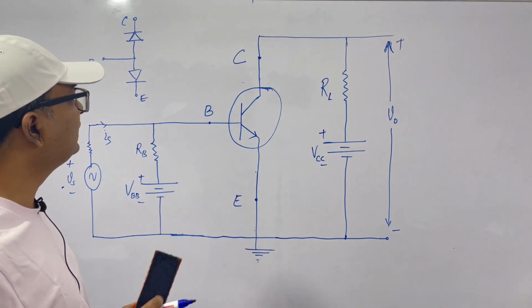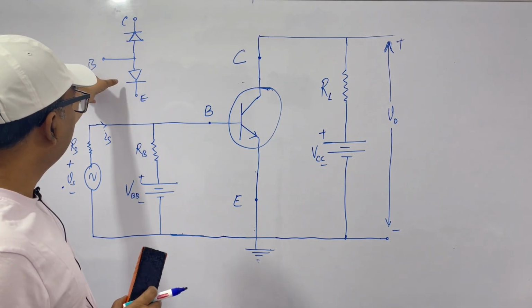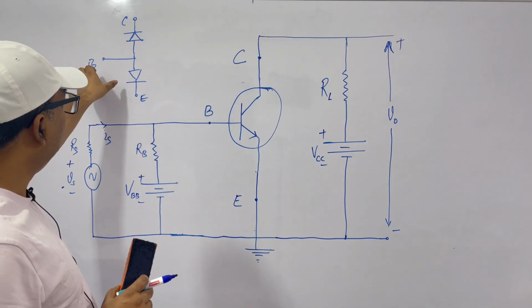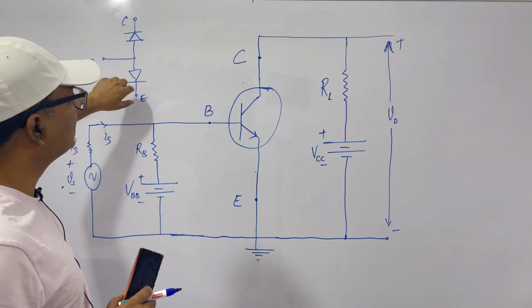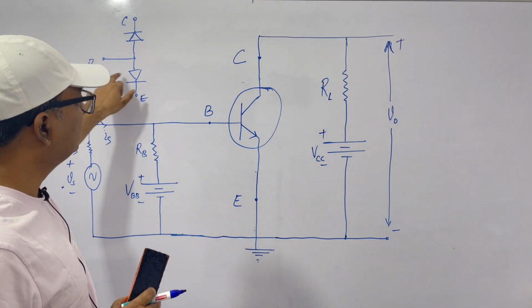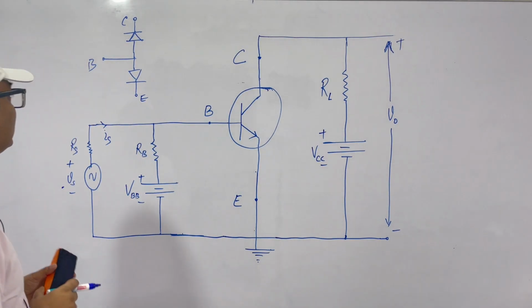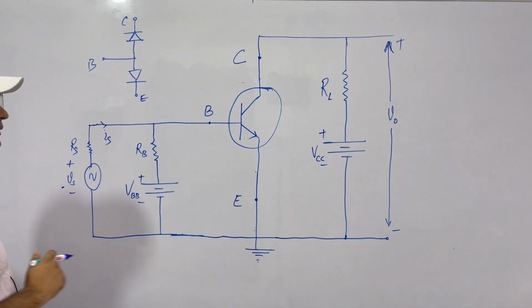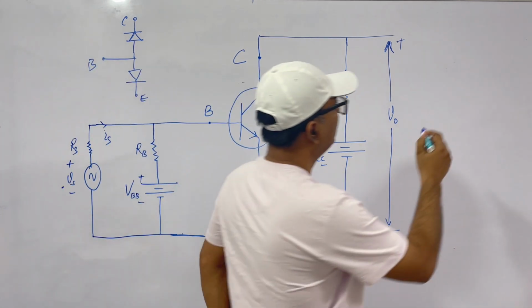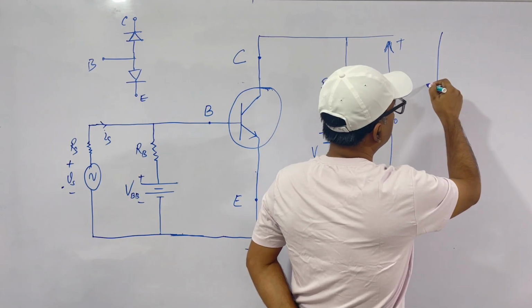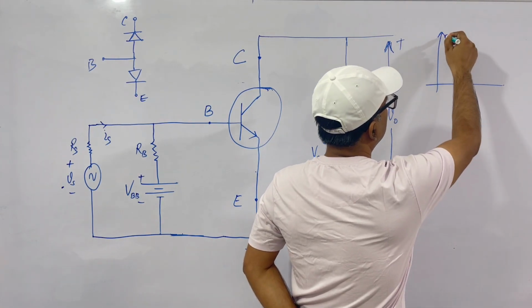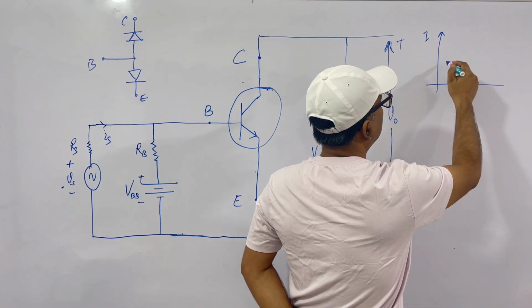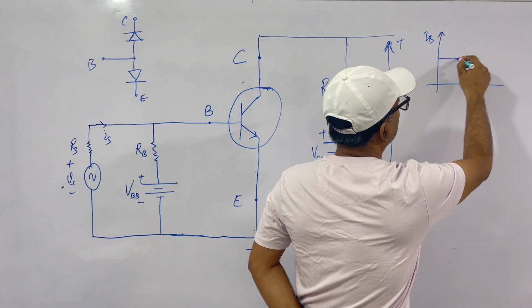So now let's see how it amplifies. We are giving a voltage. Why? To forward bias this particular PN junction diode. Now, what happens here? Let's try to understand it. I am drawing the diagram here. Let's say this is our current, IB, it is a DC current.